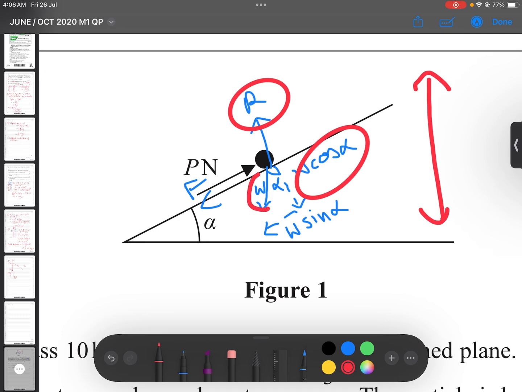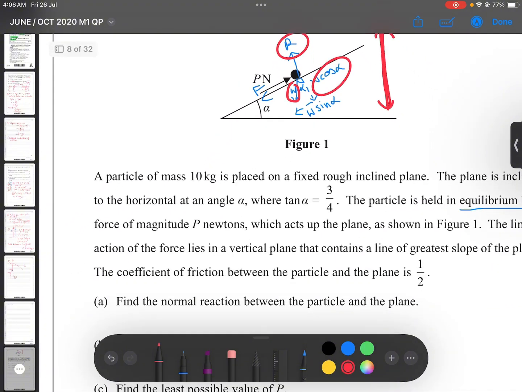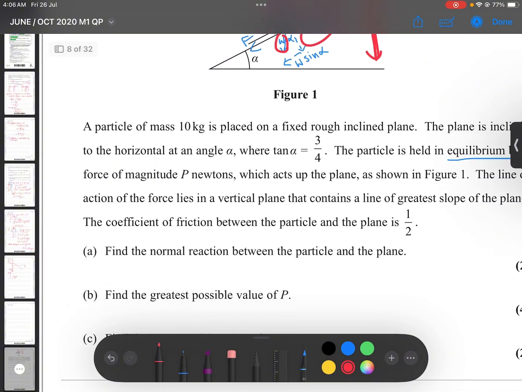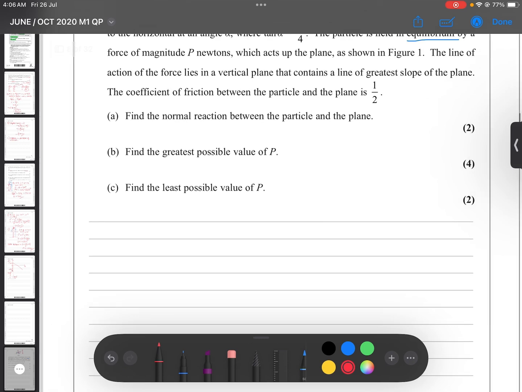Not this weight, just weight is not possible, okay? It's either W sine alpha or W cos alpha. In this case, they have to be in a straight line and acting in the same plane, so it's going to be W cos alpha. So now, as it's in equilibrium, total upward force is going to be equal to total downward force. That's why R is equal to W cos alpha.